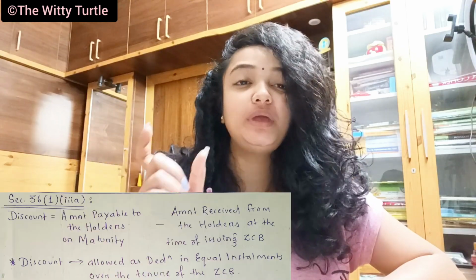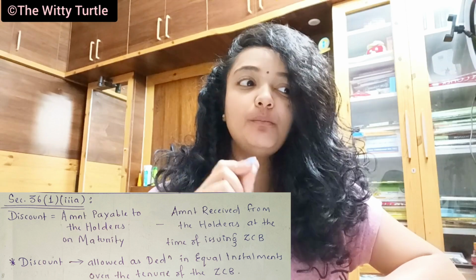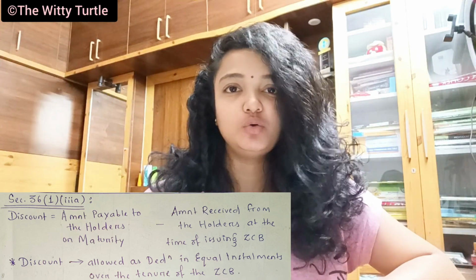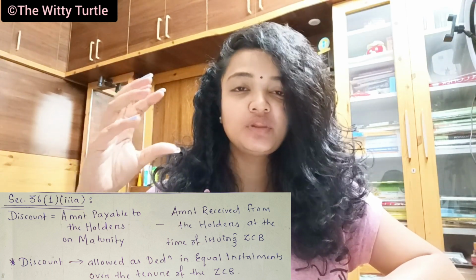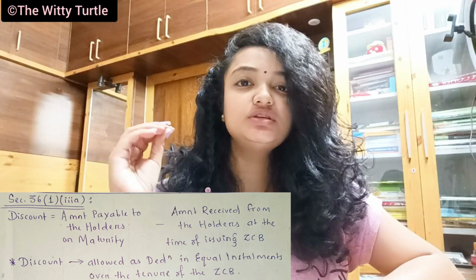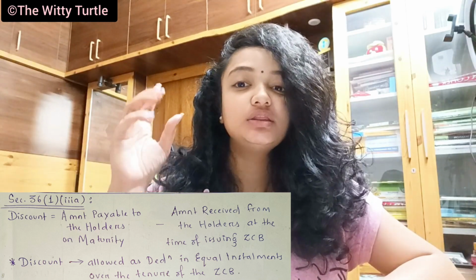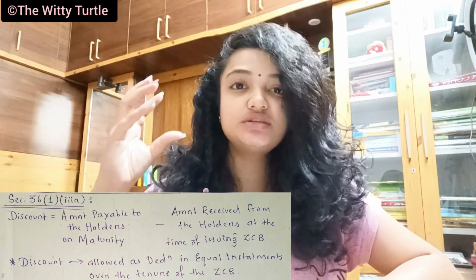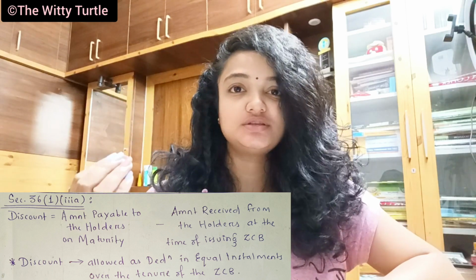So discount is the difference between the amount payable to the holders on maturity minus the amount received from the holders while issuing the zero coupon bond. Okay, for example, Anvesha Limited is a company, and Anvesha Limited is issuing some zero coupon bonds to the customers. The amount at which Anvesha Limited is issuing zero coupon bonds is, for example, 80 rupees, right?